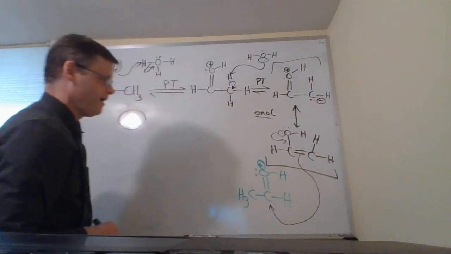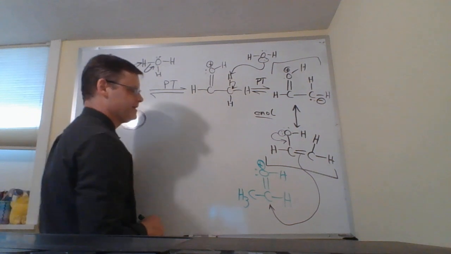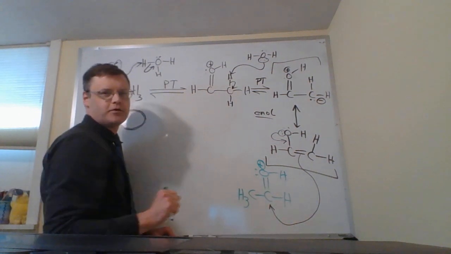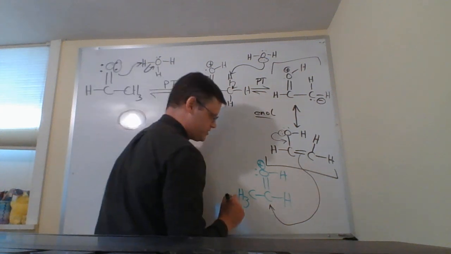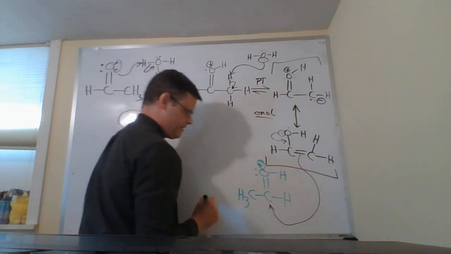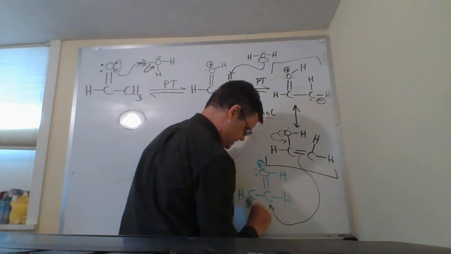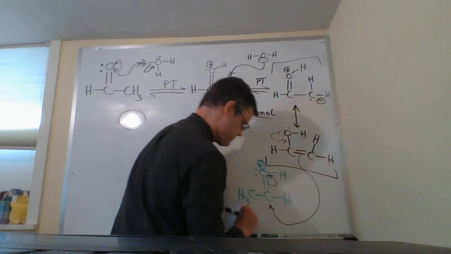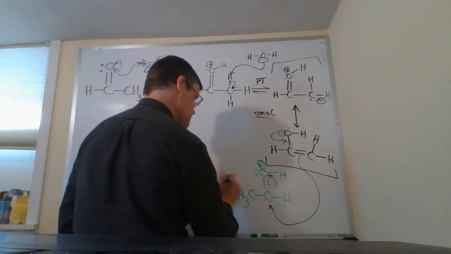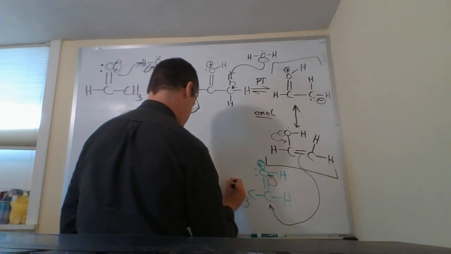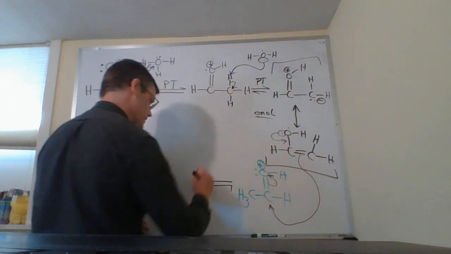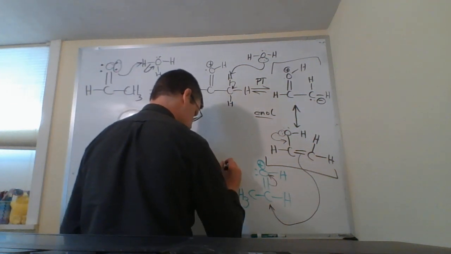If I use the non-protonated form, I would have a negative charge on the oxygen, and I want to avoid doing that under acid catalyzed conditions. So we're going to do a nucleophilic addition. I'm going to run out of room here, but that's okay. I'll just erase a few things.